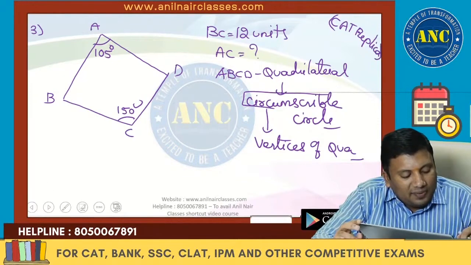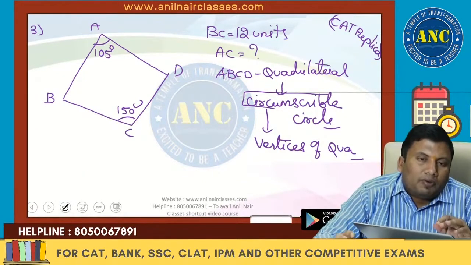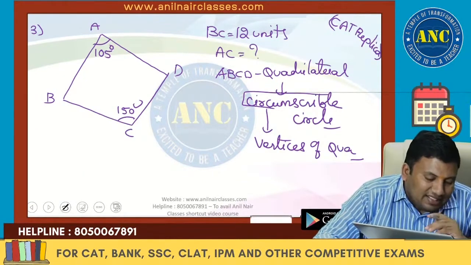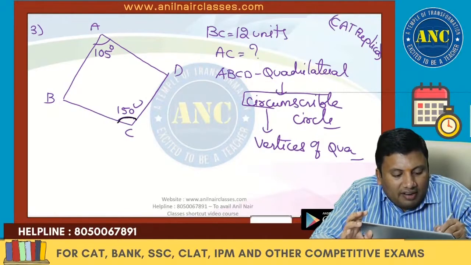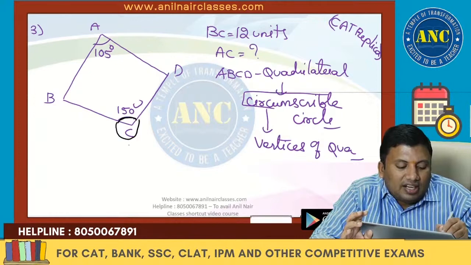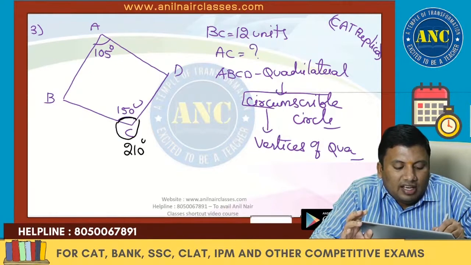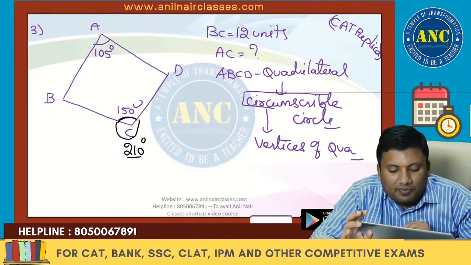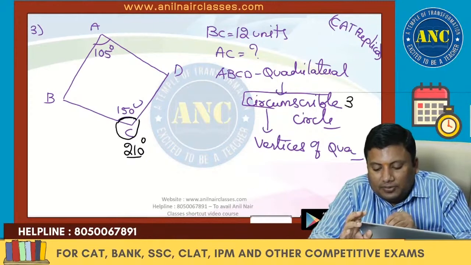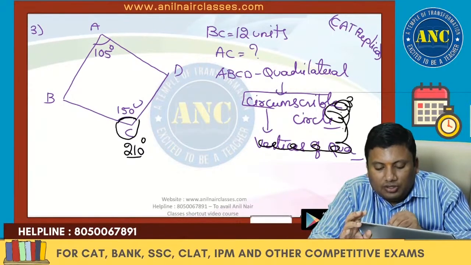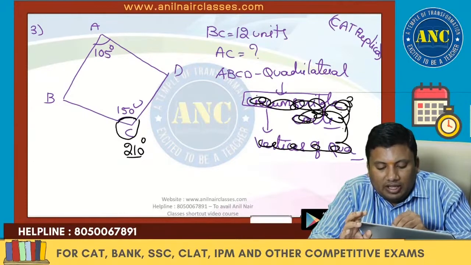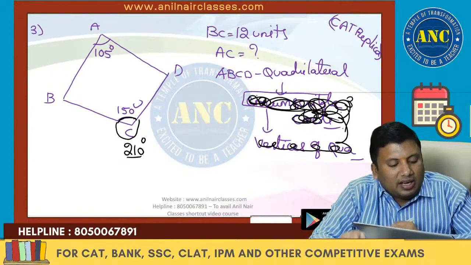Now see here. A lot of people will draw perpendiculars and other things. So probably what you can do is, if this is 150 degrees, this is nothing but 210 degrees. I don't need this point also, because if I take this point, then this concept will have some exceptions.